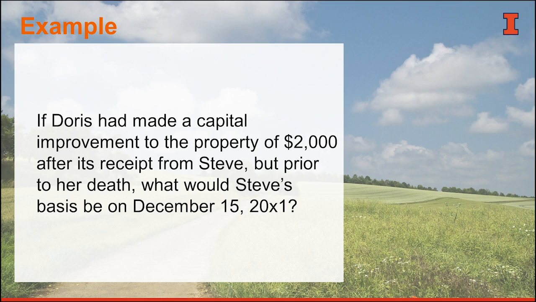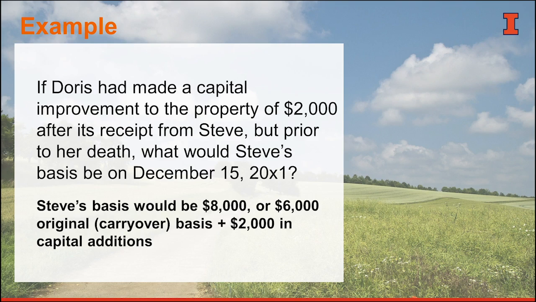However, because Doris made capital improvements independent of Steve, she does add the $2,000 in the capital improvements to the basis. Recall that the formula for adjusted basis equals original basis minus accumulated cost recovery plus capital additions. This is a capital addition. So technically here, Steve's basis would be $8,000, or the $6,000 carried over plus the $2,000 in capital additions that Doris made on the land.